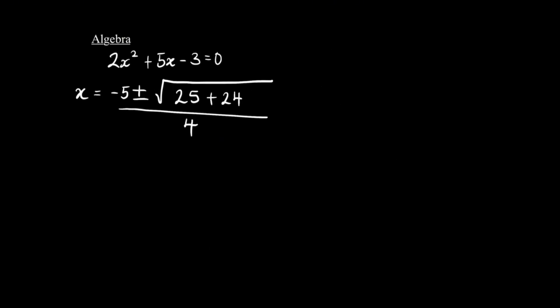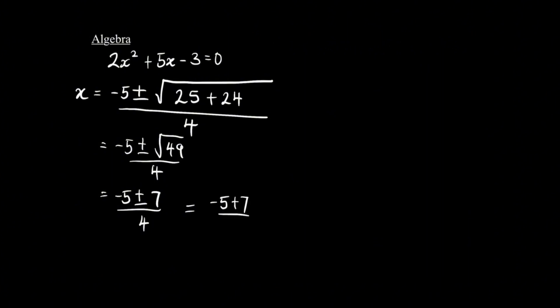If we continue the arithmetic, we would have that negative 5 plus or minus the square root now of 49, divided by 4, which is equal to negative 5 plus or minus 7 divided by 4, which is equal to negative 5 plus 7 divided by 4, or negative 5 minus 7 divided by 4.